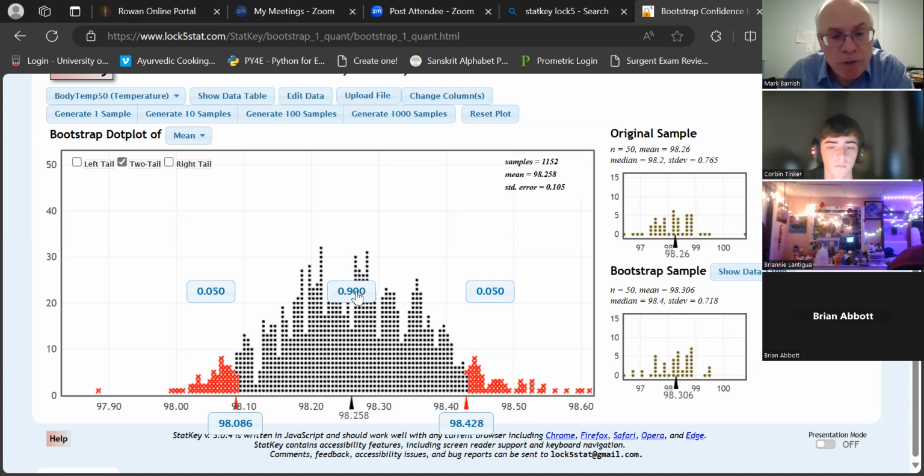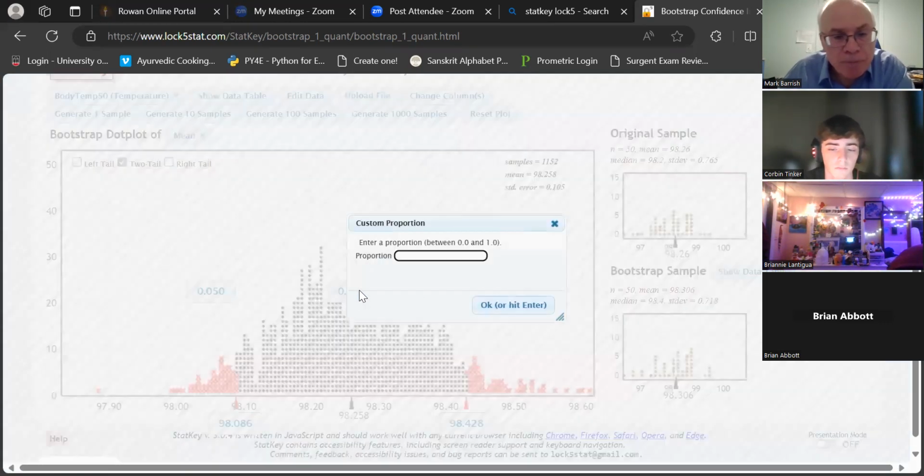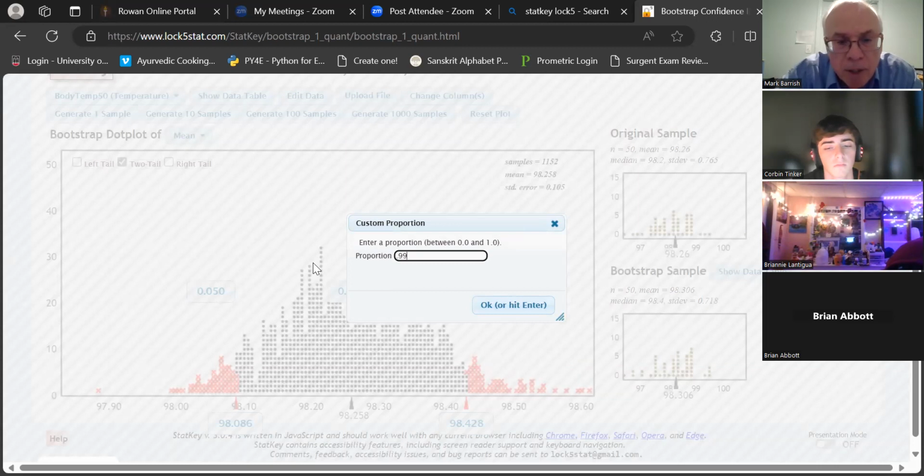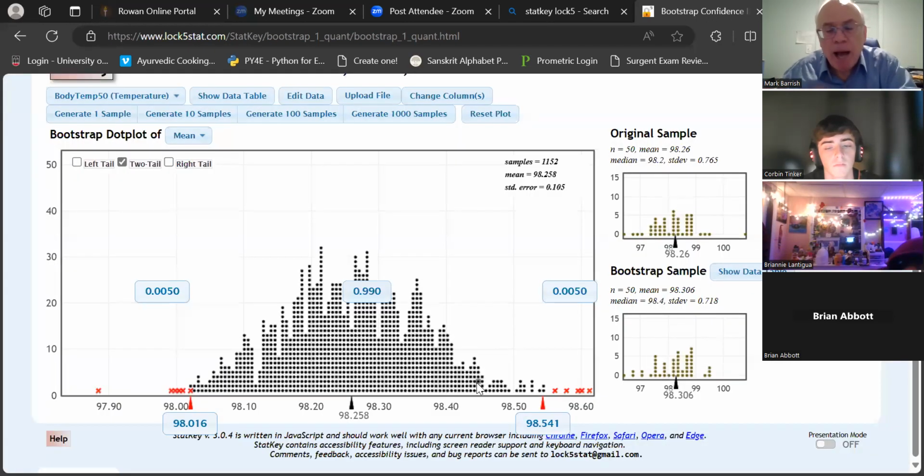Now let's increase to 99%. Where am I here? Here's my 0.9. What happened to the interval? Did it become narrower or wider?